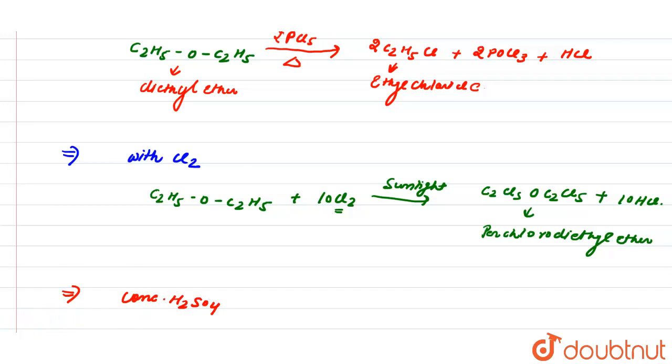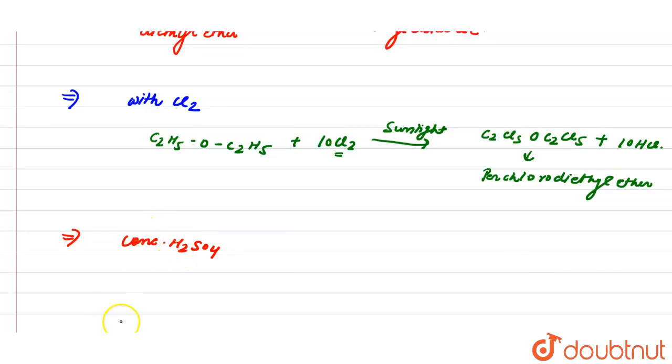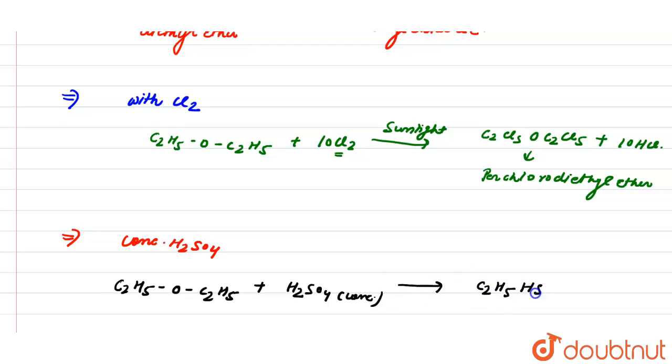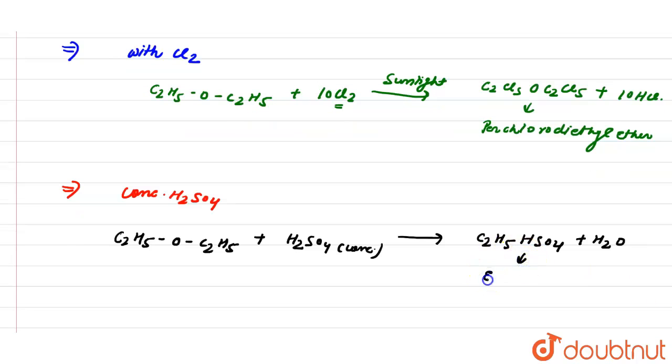When diethyl ether, C2H5OC2H5, reacts with concentrated H2SO4, we get ethyl hydrogen sulfate, C2H5HSO4, and also water. This is known as ethyl hydrogen sulfate.